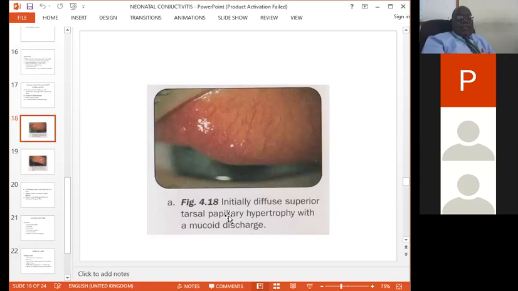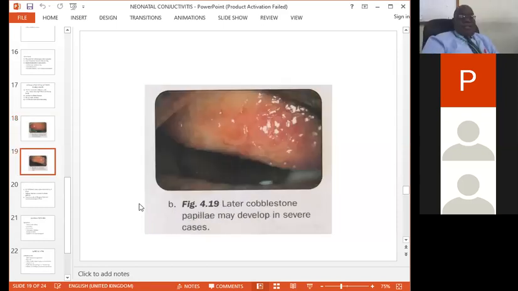Initially, there is diffuse superior tarsal papillary hypertrophy when you check. Then you can see, when you turn the lid, giant cobblestones, like stones put together.